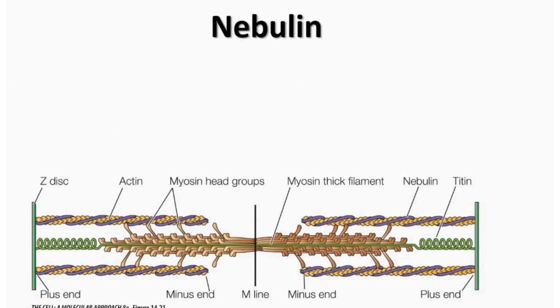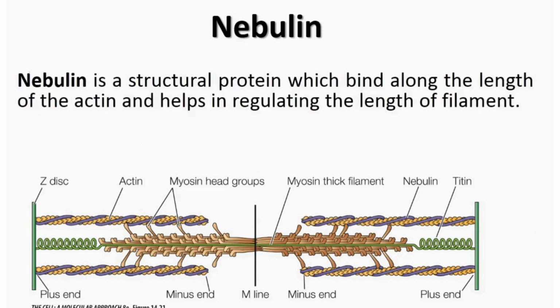Now we study nebulin. Nebulin is a structural protein. First of all, this is nebulin, the purple colored intertwining structure. Nebulin is a structural protein which binds along the length of the actin and helps in regulating the length of the filament.